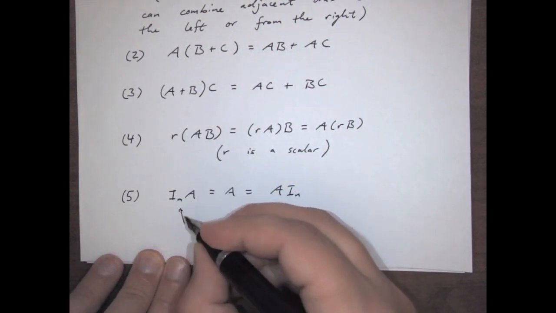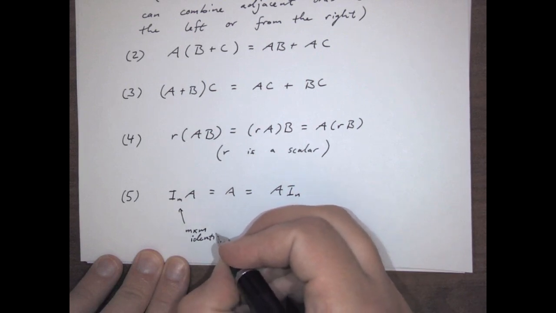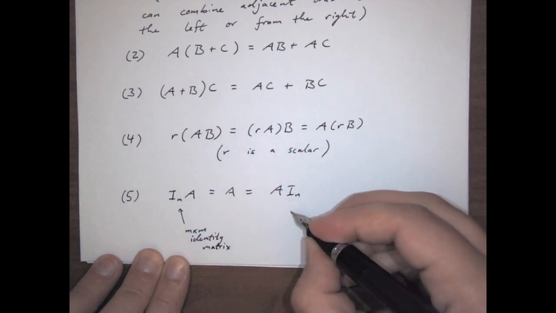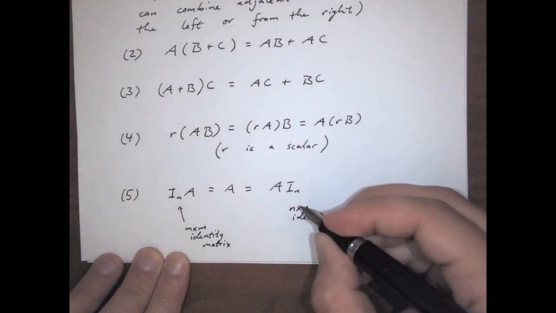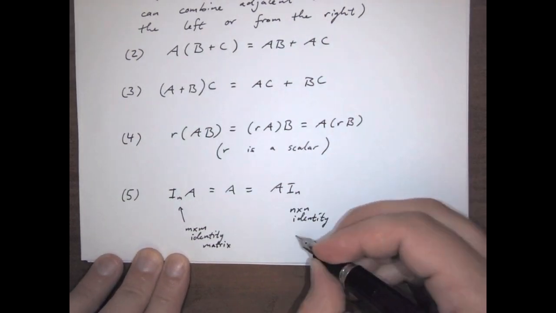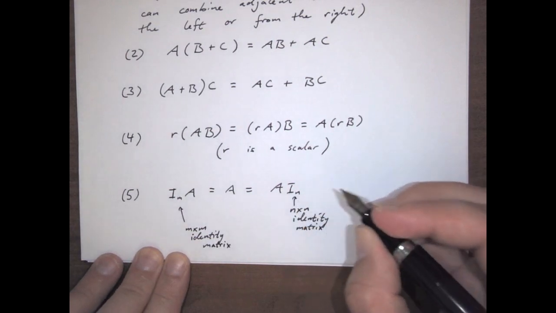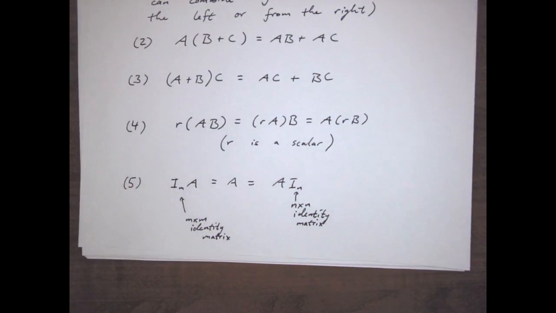These are the M by M identity matrix and N by N identity matrix. So that means that the identity matrix really does function the way the multiplicative identity ought to for numbers. It behaves the way a 1 behaves.